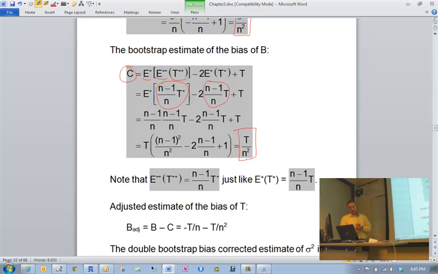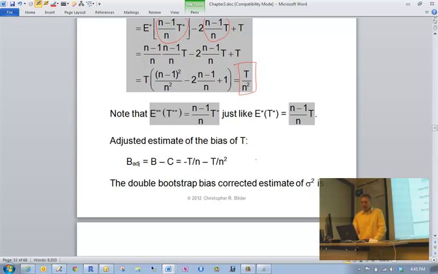So, once I have that then, I would want to say, well, let's get an adjusted estimate of this bias. So I take B minus C. Negative T divided by n minus T divided by n squared. That's my B adjust.